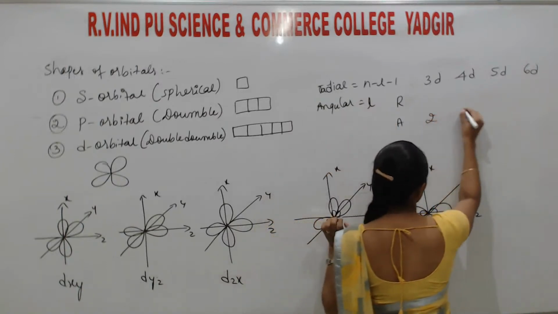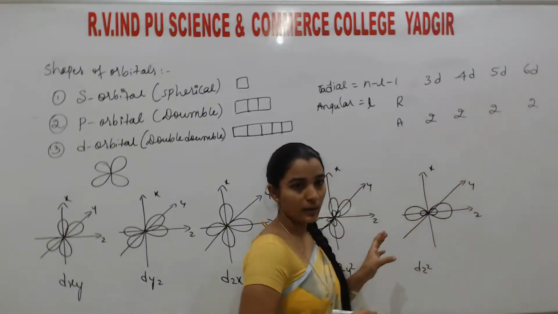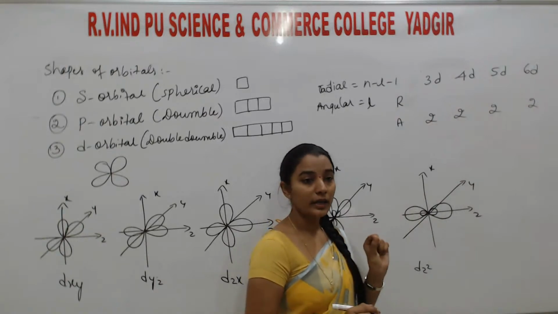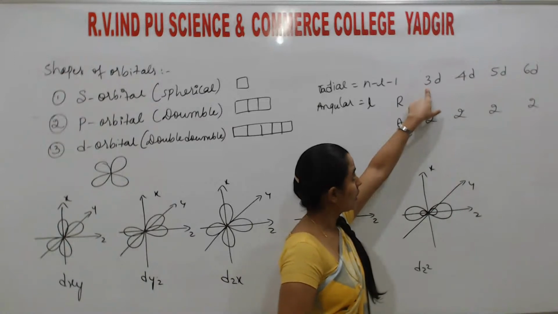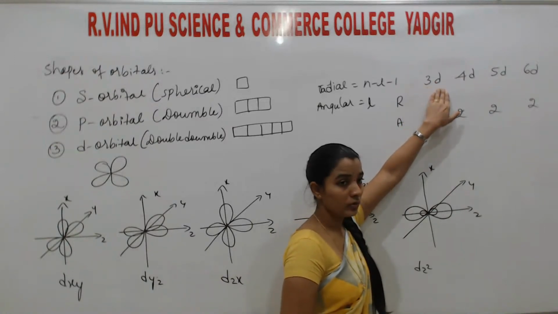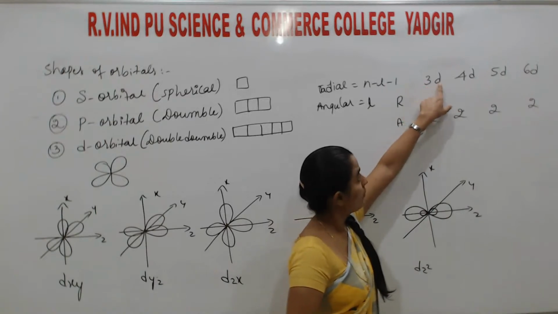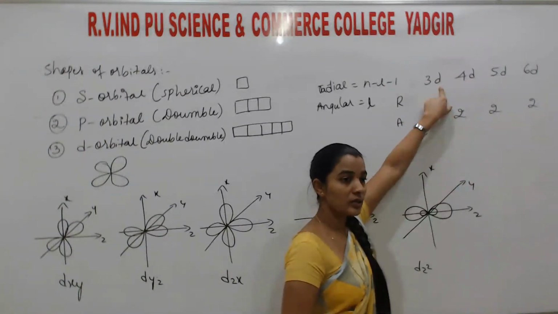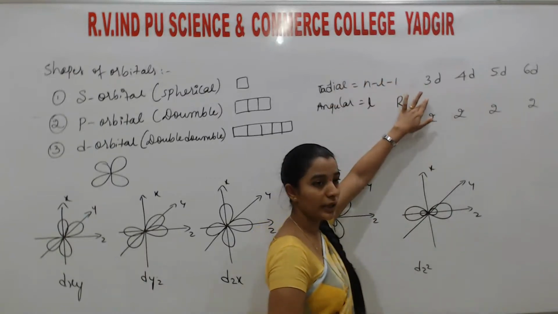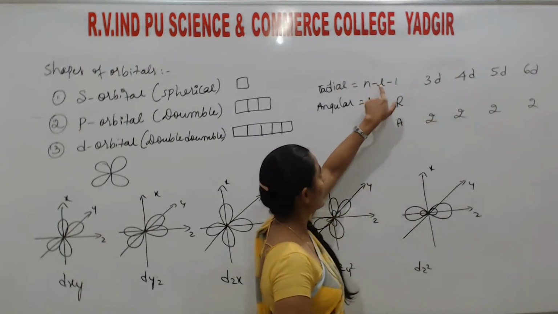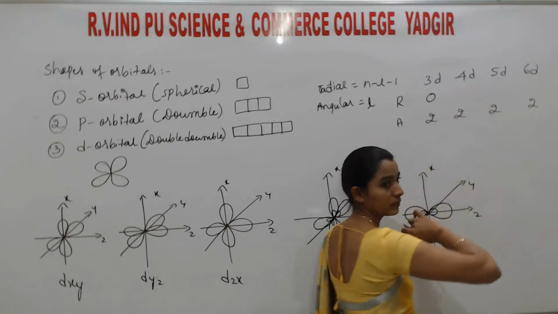So angular node is common for all the d orbitals, because it is d. The only change is what? Radial. Remember here, L value is 2 because it is a d orbital. Then according to this formula, what is radial node for 3d? 3 minus 2 minus 1, 0. Here 1.